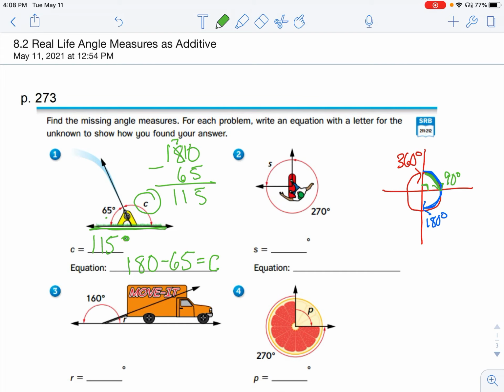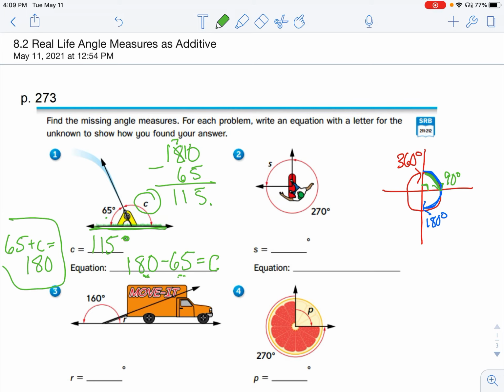Another way you could write this, it would also work as an equation, is to say 65 plus C equals 180. Right? That's another true equation with an unknown that you could have used. But I find this one's a bit easier for me to use subtraction, because with that operation I could just use the two known numbers to get my unknown and my answer there.